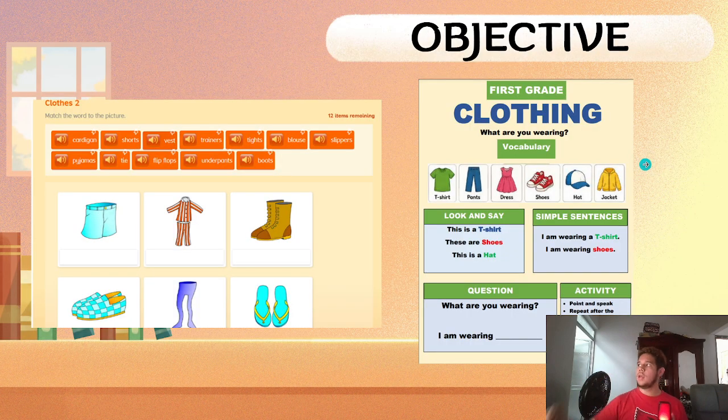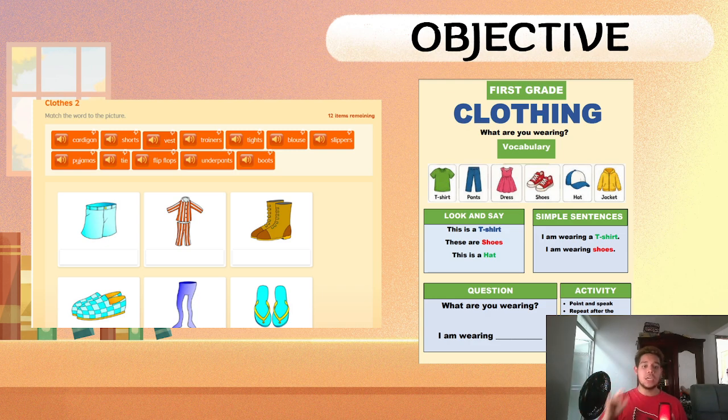We move on to the objective. I designed this lesson around two core learning objectives. First, students will be able to successfully match basic clothing vocabulary words with the correct visual image by interacting with the board, in other words, the homework that I found in the British Council.